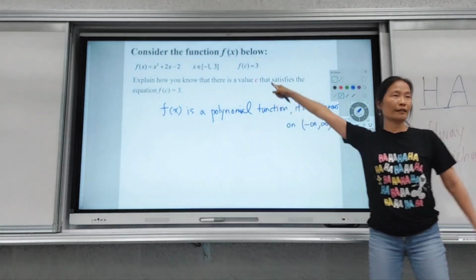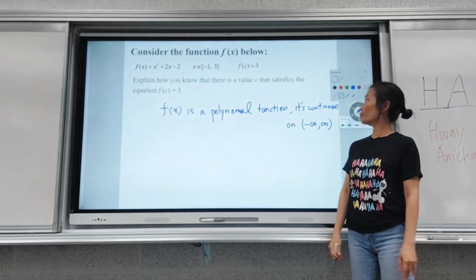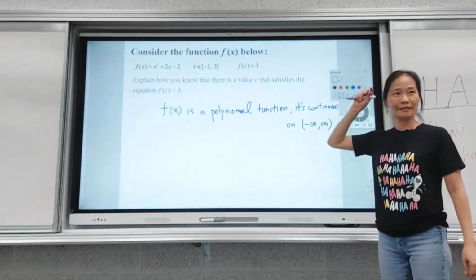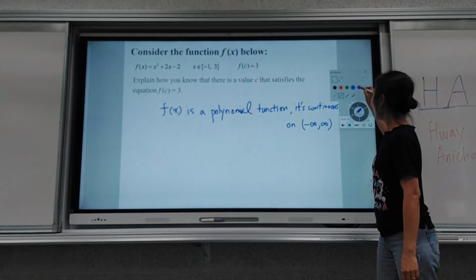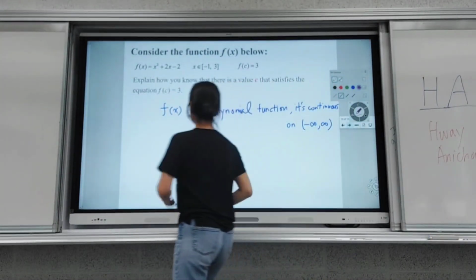So including that interval, -1 to 3. So checked. I said it's continuous. Now I can continue to find the next.